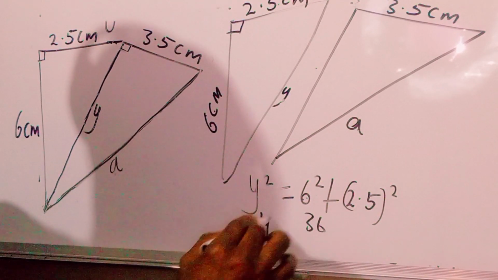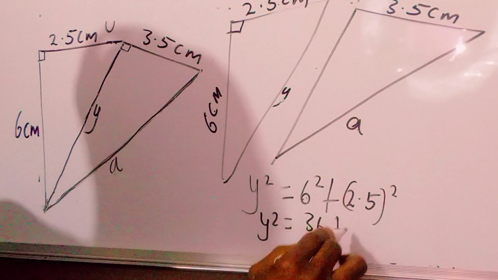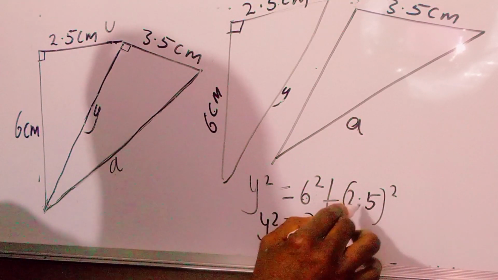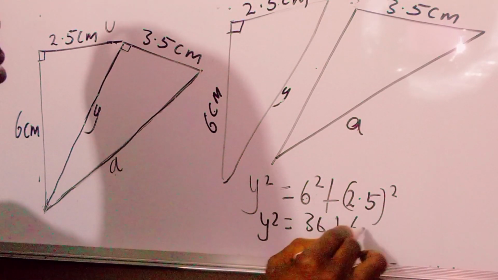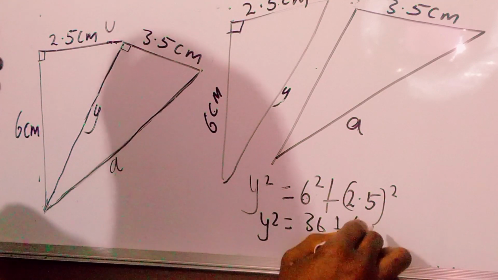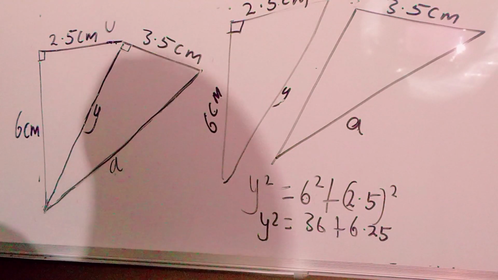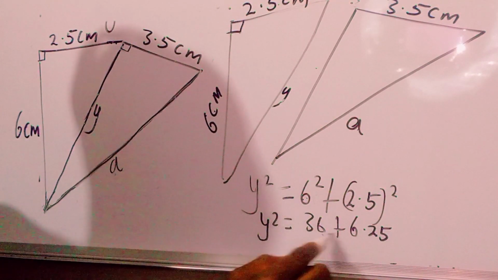So y squared equals 36 plus, if you square 2.5, or 2.5 times 2.5, you're going to have actually 6.25. The next point of interest will be to add 36 to this.